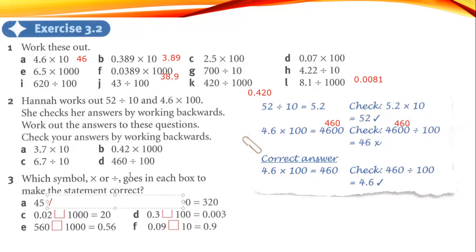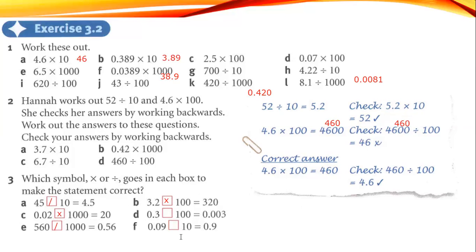This is also the sign of divide. Okay, and if the point is moving backward, it means multiply, so here is multiply. Same like this. Here the point is moving backward, so it means multiply. And if this one, 460 divided, the point is moving forward, so it means it's a divide.